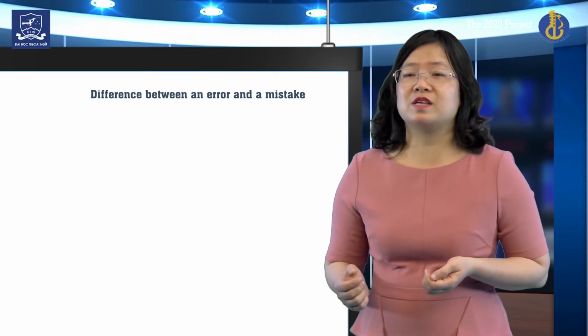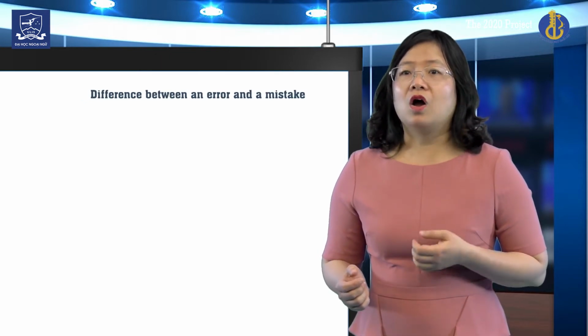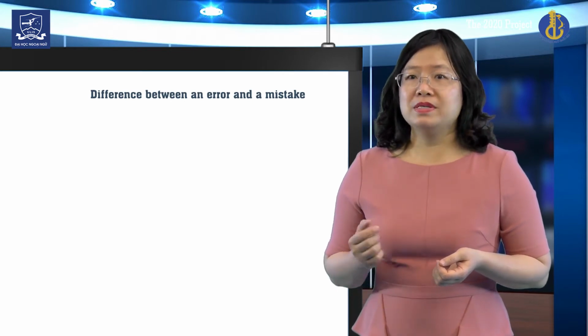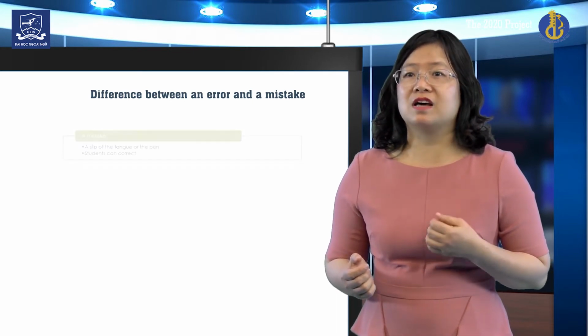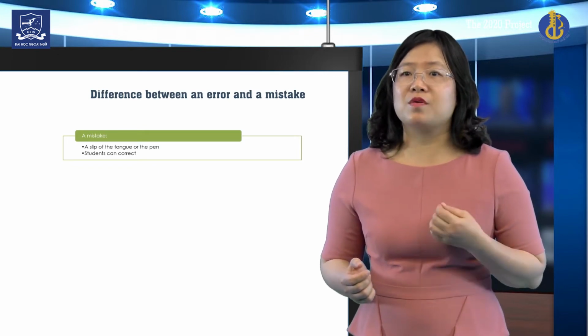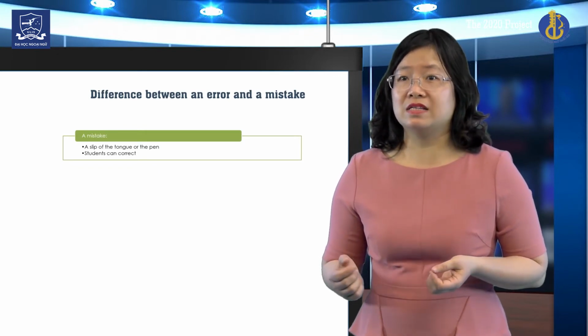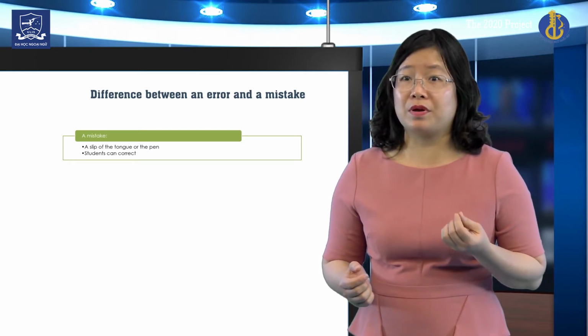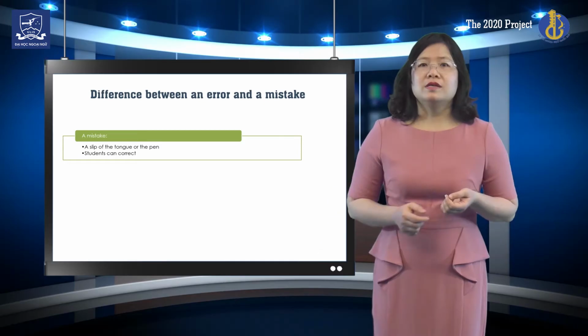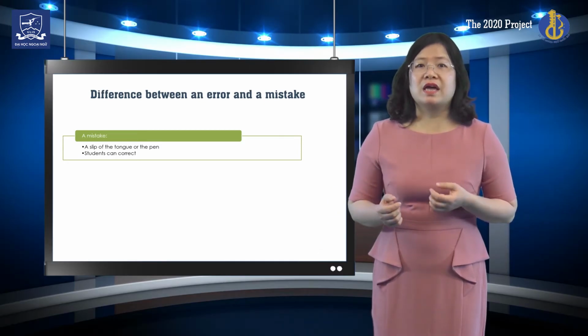First of all, let's talk about the different kinds of mistakes. According to Gao et al. 2005, a mistake can be thought of as a slip of the tongue or the pen. Slips are the results of tiredness or other temporary emotion or circumstances. Students make them because they are not concentrating on what they are saying or writing.